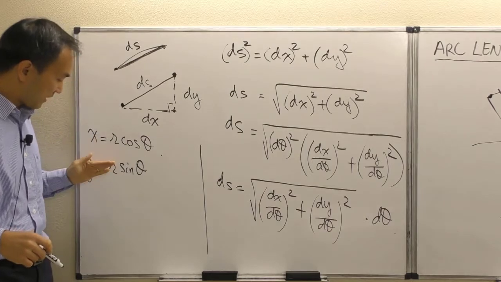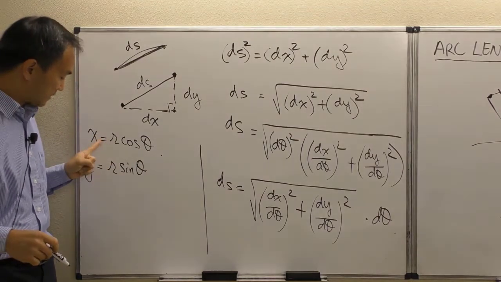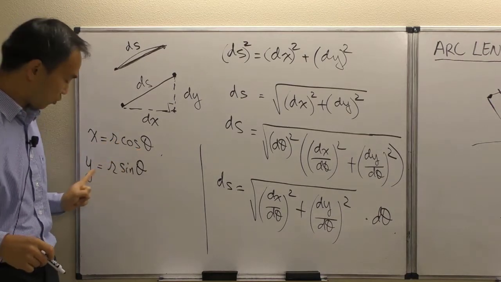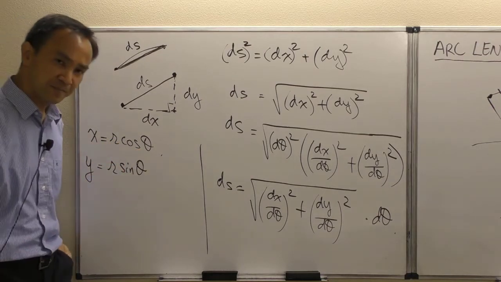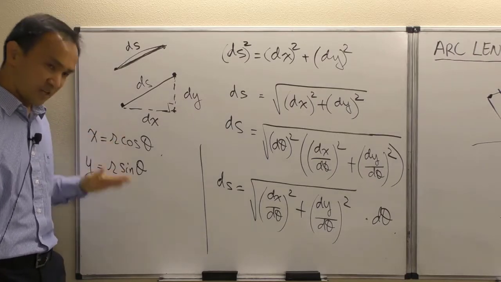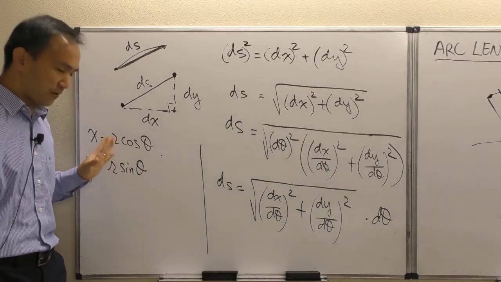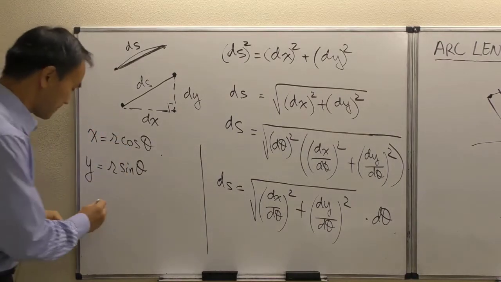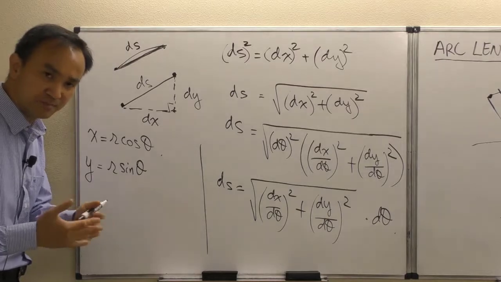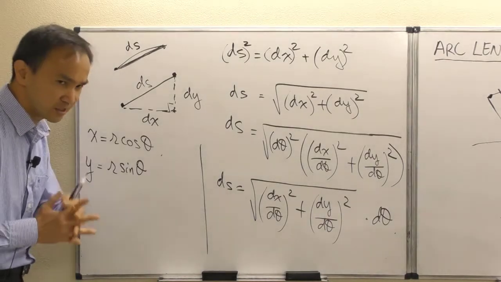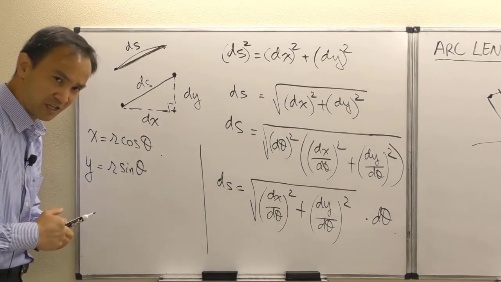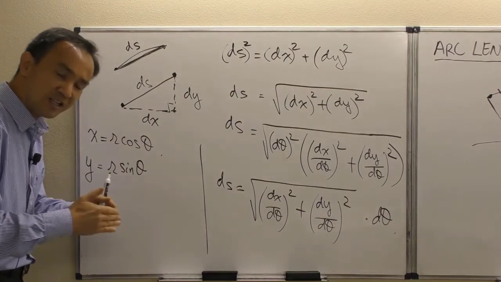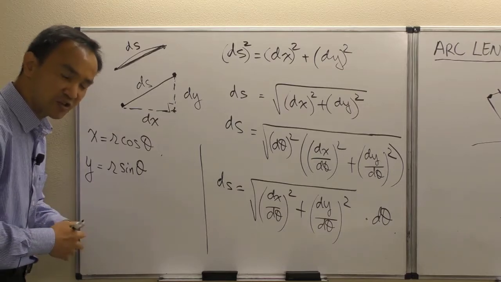So mathematically speaking, x is r times cosine theta, and y is r times sine theta. These are fundamental relationships. Back when we learned about the general understanding of polar coordinates, it could be a course before your calculus course, or just some days within this course, you learned some introduction to polar coordinates.